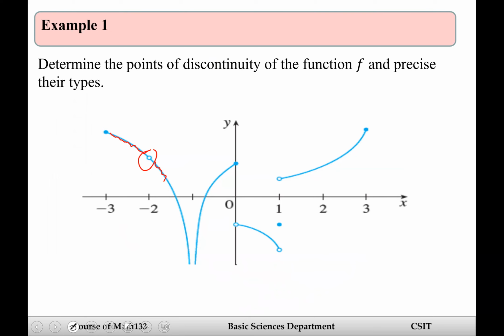We have the limit to the right and the limit to the left. They meet at the same point, and the limit will be equal to this value, which is basically 1 here, but the function is not defined. So we don't have any value for -2.